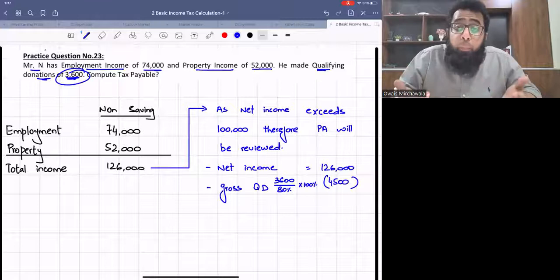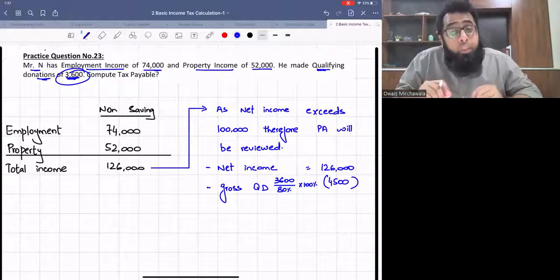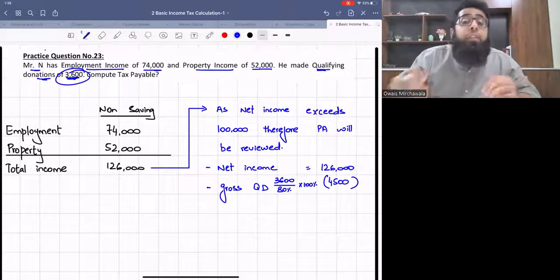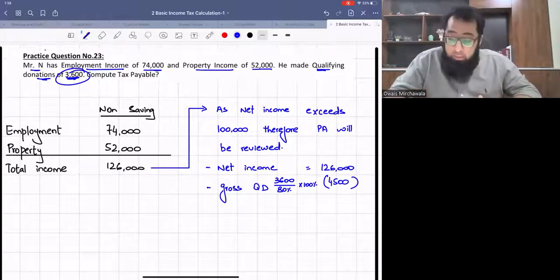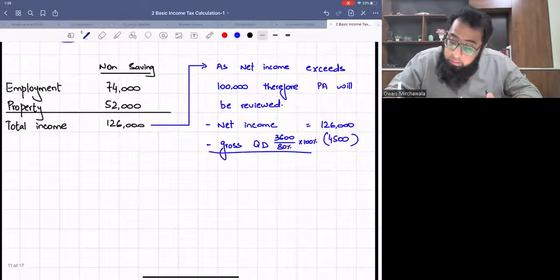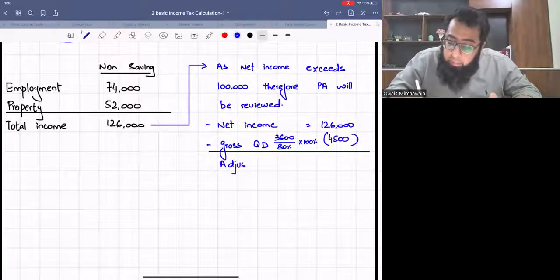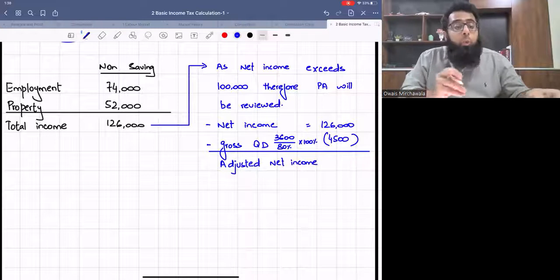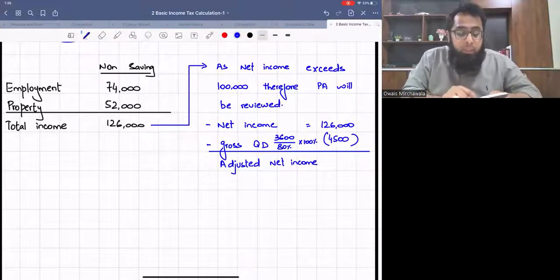Now there is no personal pension contribution in the question. So this gives me adjusted net income. This gives me adjusted net income of how much? 126,000 minus 4,500.